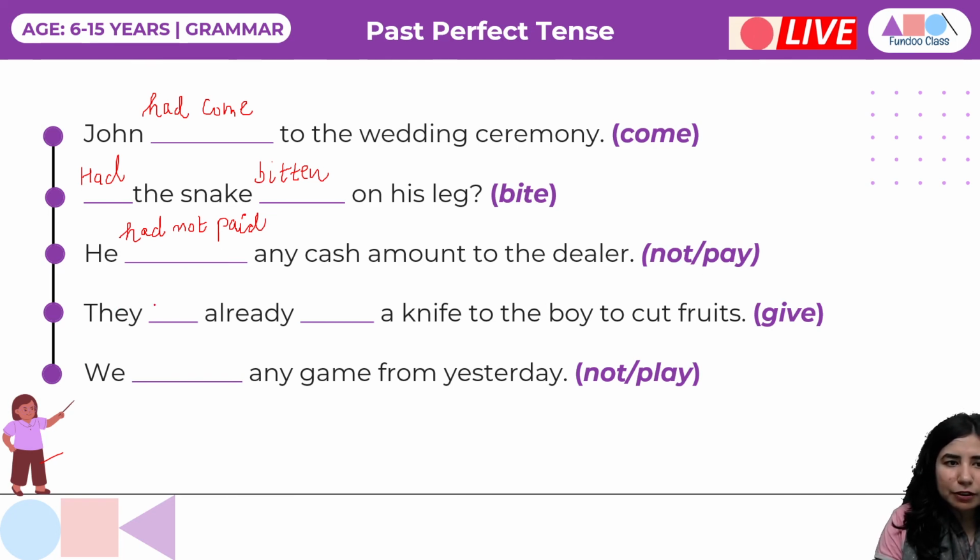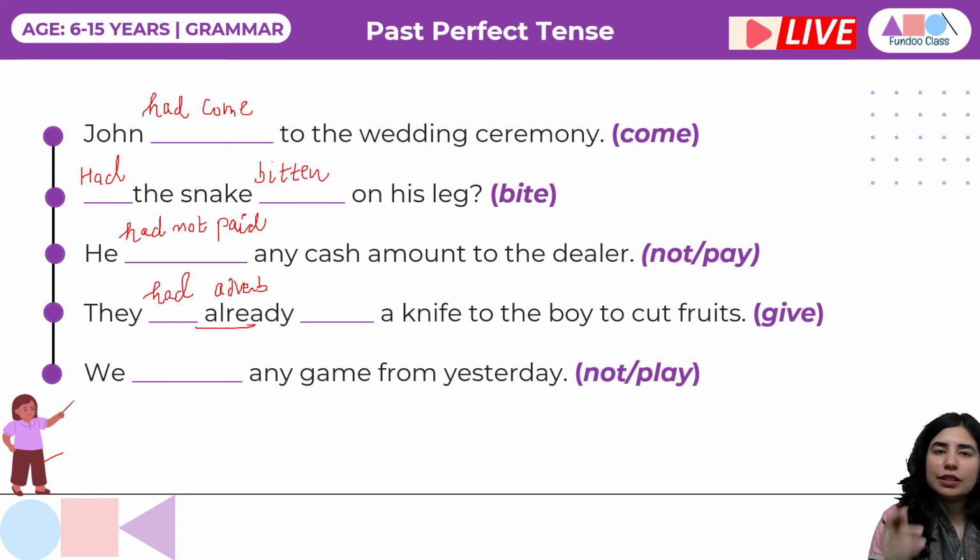Let's take a look at the fourth one. They had already. So again, we have an adverb. See, believe me on this, English has got magic. The moment you start learning the rules, you'll find the rules around everywhere. The moment you start building on vocabulary, you'll find the words around everywhere, right? It definitely happens. This is something that I have experienced, my students have experienced.